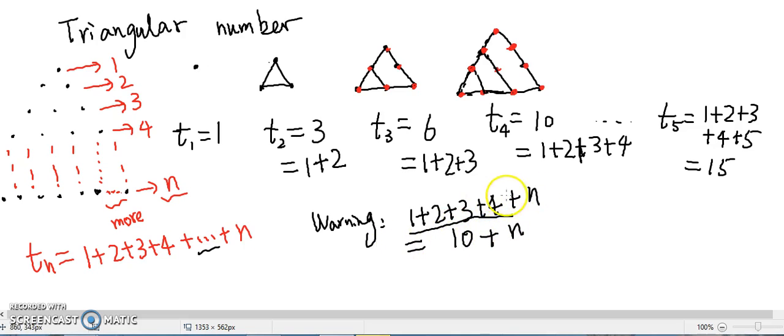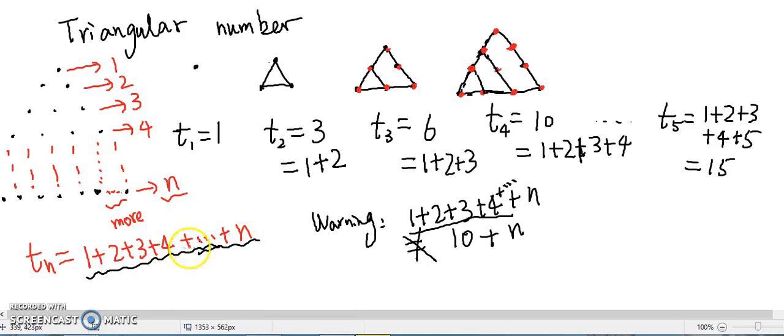This is not the same if I add dots here, and that's not going to be equal to that. You cannot ignore the dots. So what do you get if we do this? You would just have to know what are here. So this really cannot be simplified.